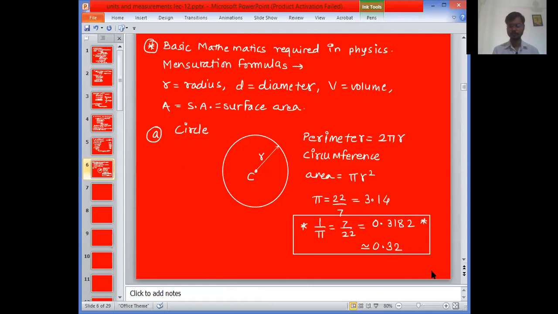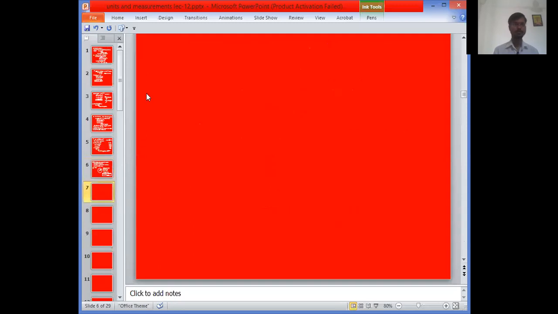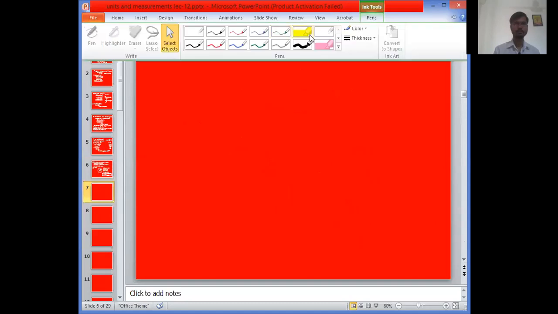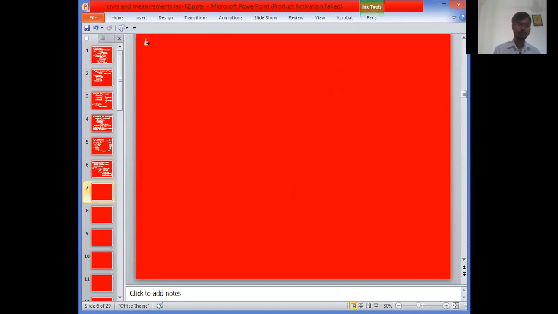Good. And you have to write along with me. Chalo. Next object is sphere. Let me draw the sphere. See how I am going to draw the sphere. Observe.